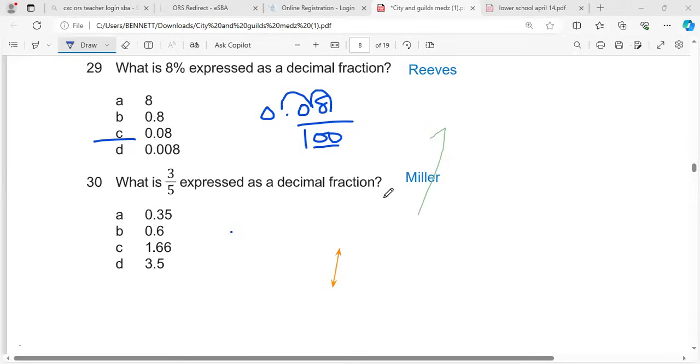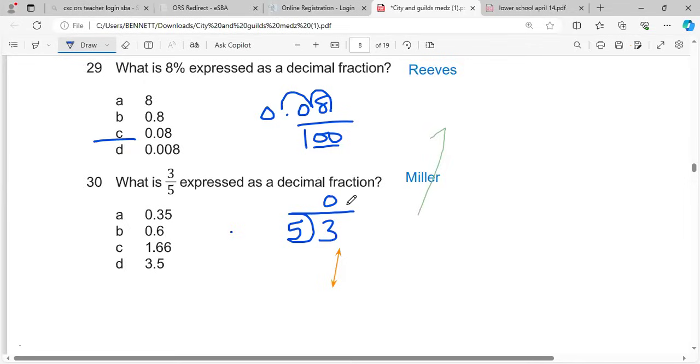Sir, I can go and explain. First, you have to divide the numerator by the denominator. So 5 into 3, you can't, so you put a 0.